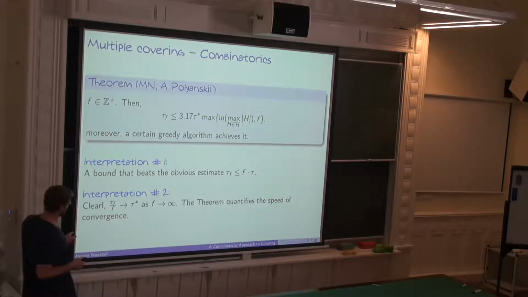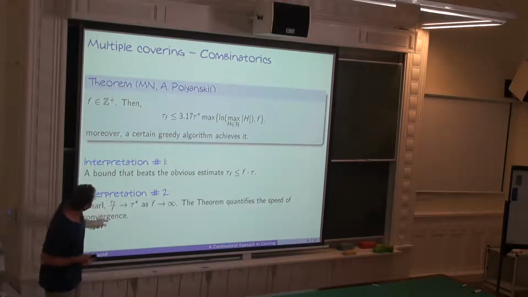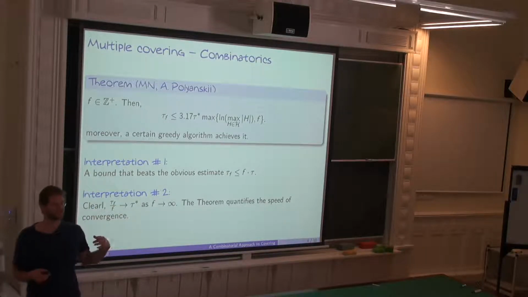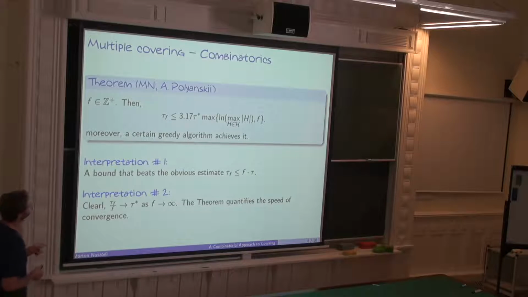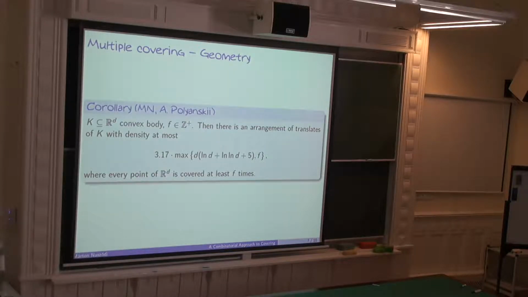So this is clear, and this lemma somehow quantifies the speed of this convergence. It tells you that you don't have to go further than log of the max size there to essentially reach this limit, or to be very close to this limit.